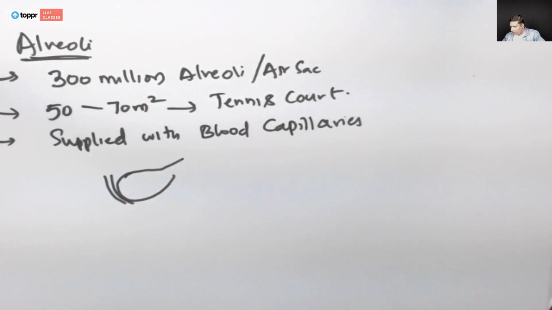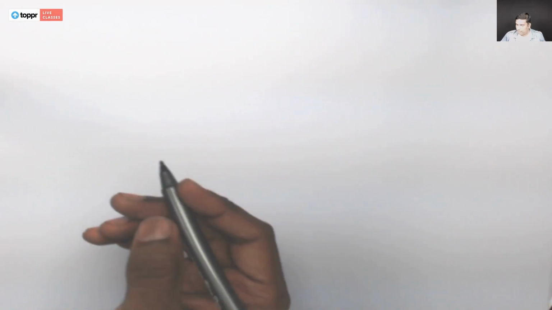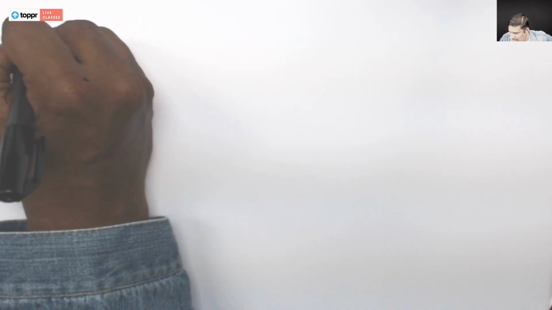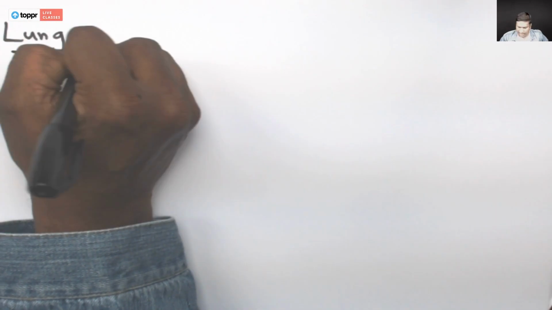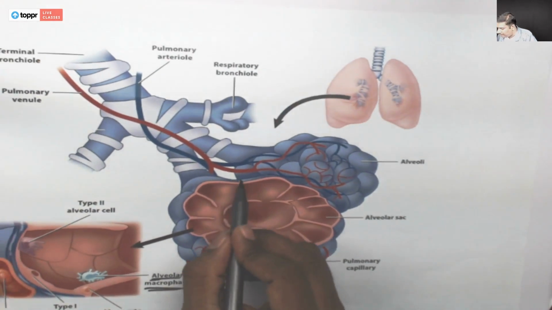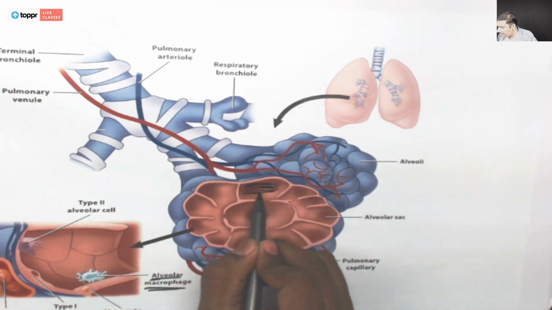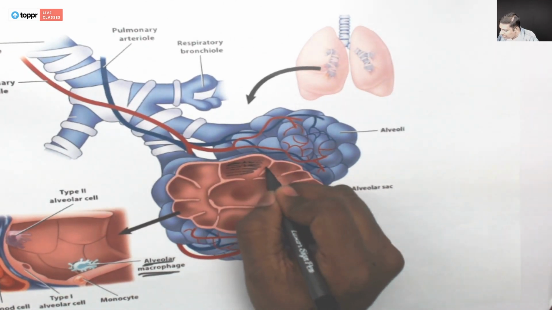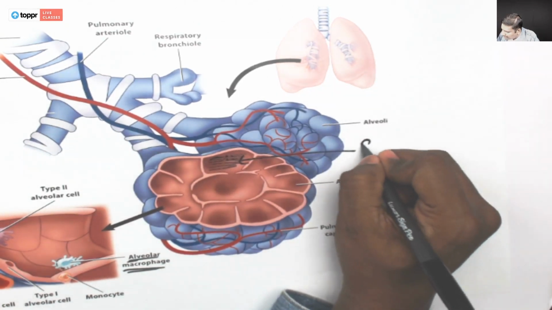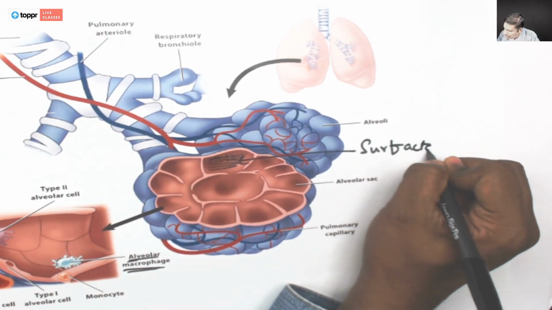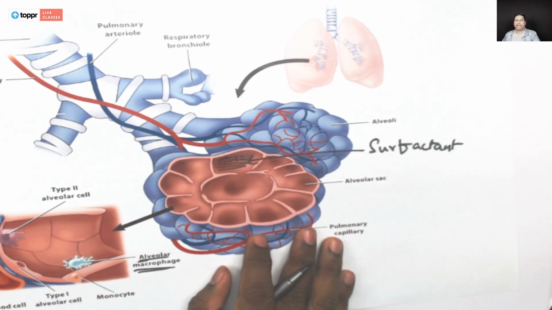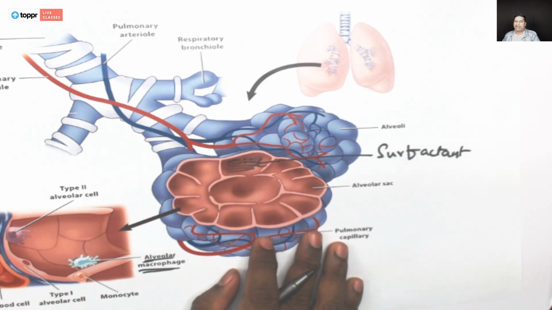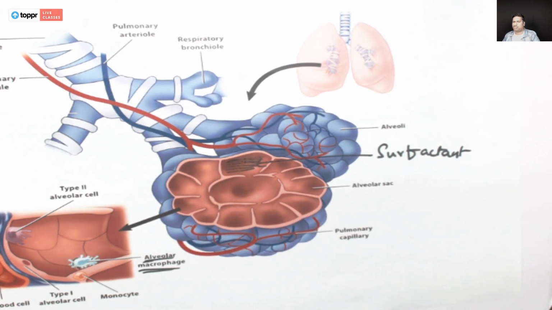Okay, now we'll look at the structure of the lungs. One important aspect that I forgot to mention is that inside the alveoli you see a coating. The inner surface of the alveoli is coated with a surfactant. Surfactant is nothing but a soap-like material.